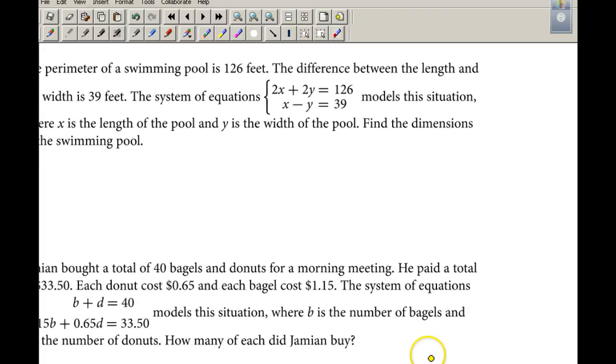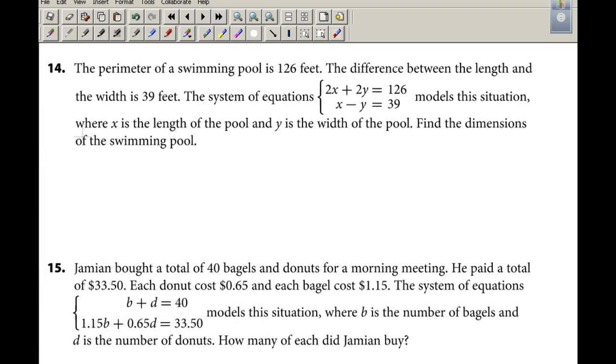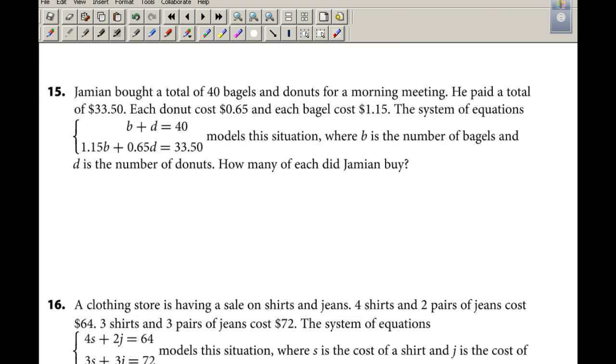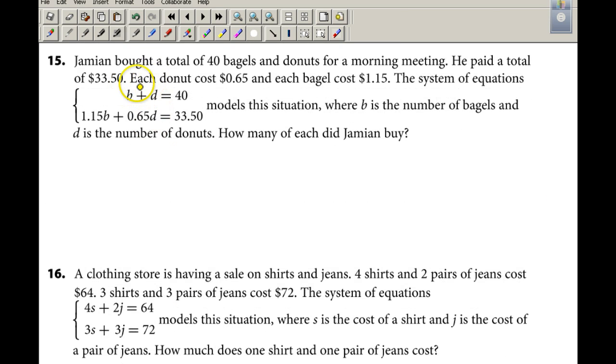I'll leave it up to you for some of these. I would argue, like maybe on number 15, that this might be better for substitution. If you look at 15, instead of trying to multiply everything by -1.15 so it cancels out with +1.15, you could do that, but it might be even easier just to subtract d on both sides, b equals 40 minus d, and just plug that back in right here.